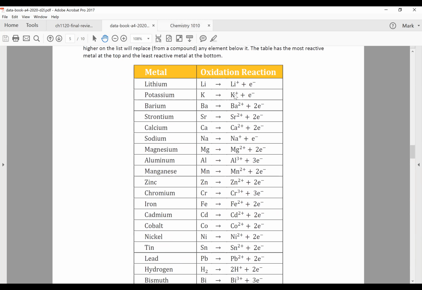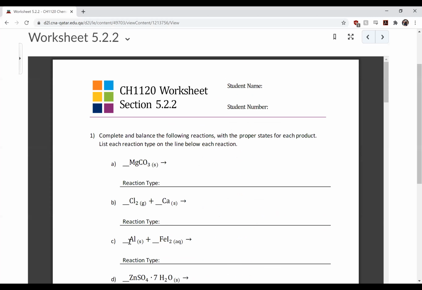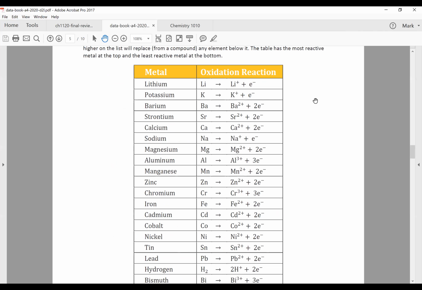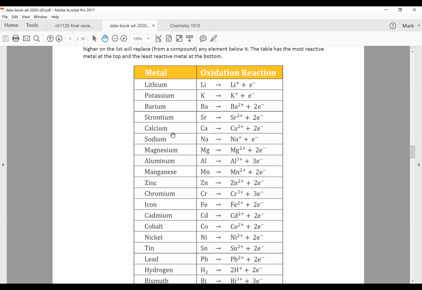So I'm going back to my notes here. I'm looking at aluminum to see if it replaces iron. So my question is, does aluminum replace iron? All right, well, I go back to my data booklet. If aluminum is higher than iron on the list, it will replace it. So aluminum is here, iron is here. Aluminum is higher.